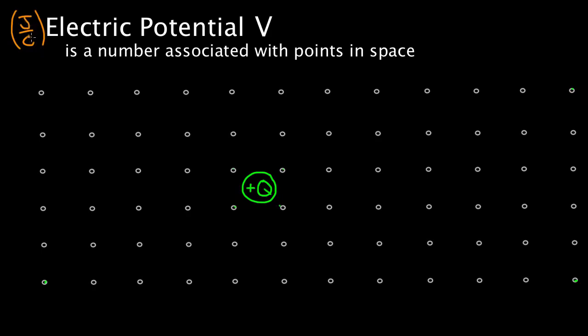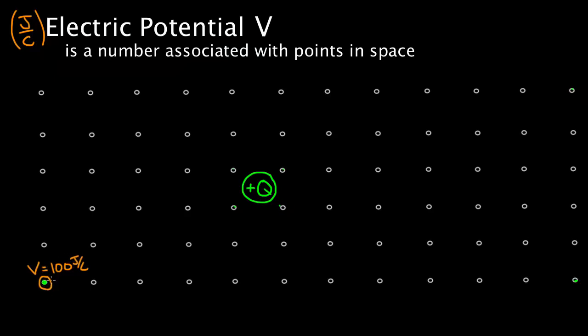Joules per coulomb lets you know, if this point over here happened to have, say, 100 joules per coulomb, let's say the V value at this point in space happened to be 100 joules per coulomb, remember, there's nothing there.